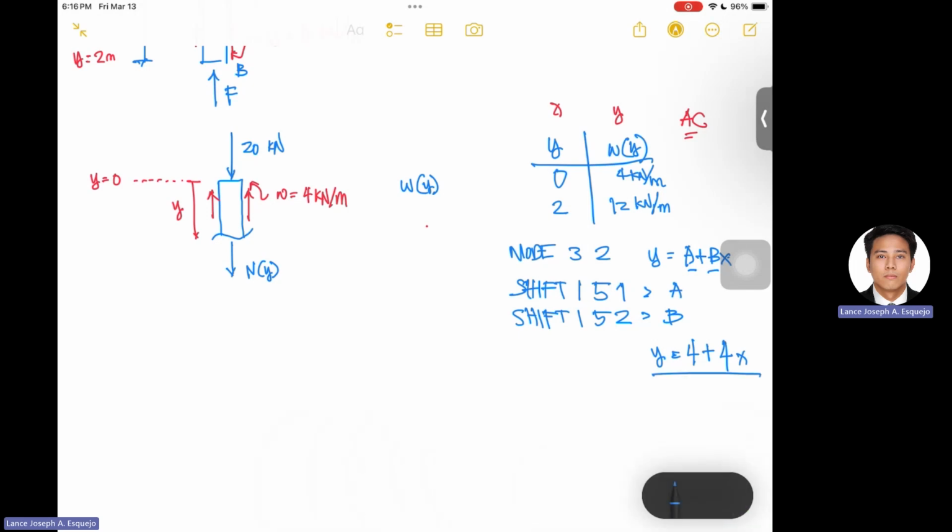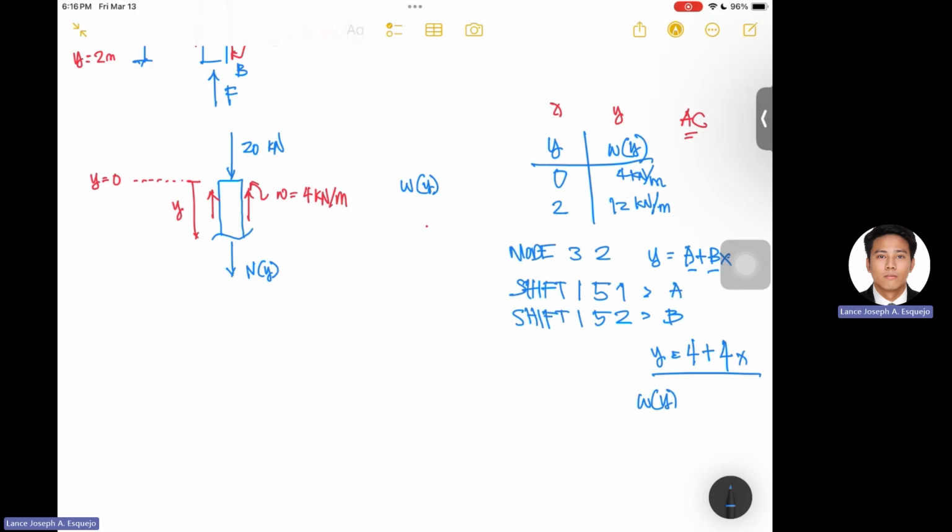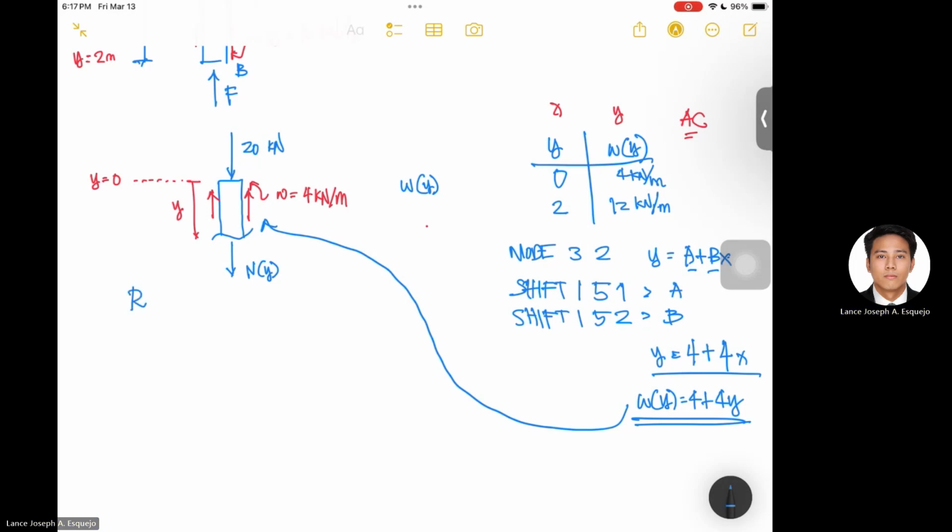So here we can convert in terms of the original problem. So this becomes w of y is equal to 4 plus 4y. And this value now can be used here. After that, we can now get the resultant. So the resultant is, again, the average.